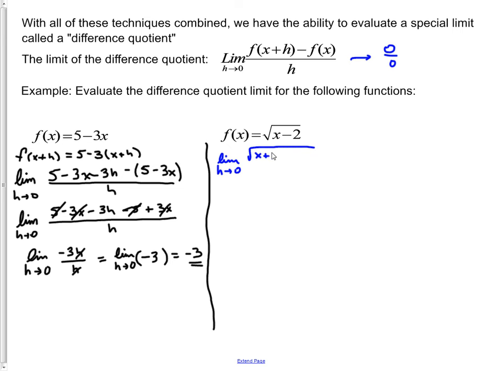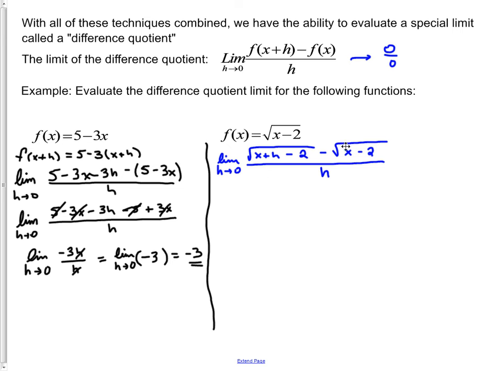We replace x with x plus h in this first term, and we're going to be subtracting from that the quantity square root of x minus 2, all of that divided by h. Okay. Once again, it should be clear that if you substitute in h directly right now, you're going to get 0 divided by 0, which is that indeterminate value.